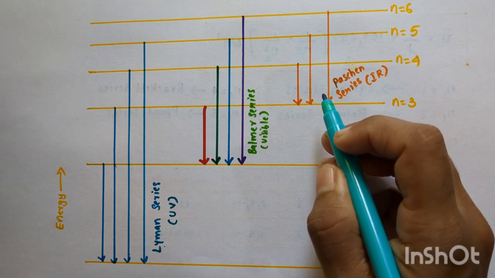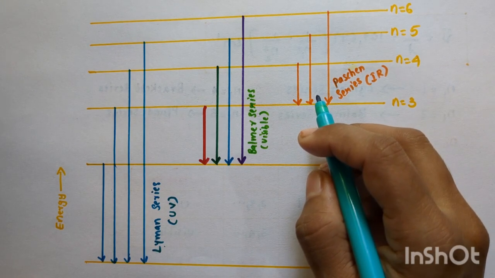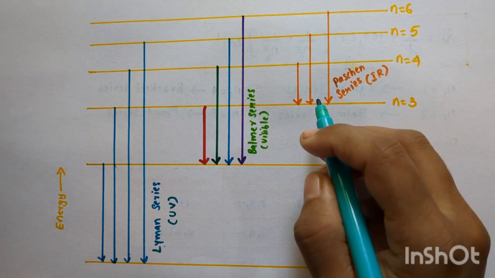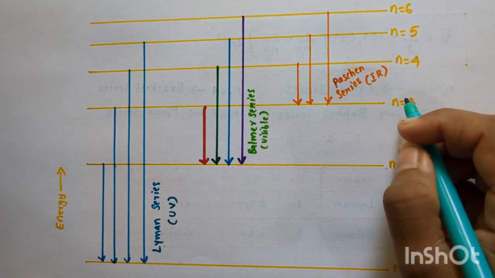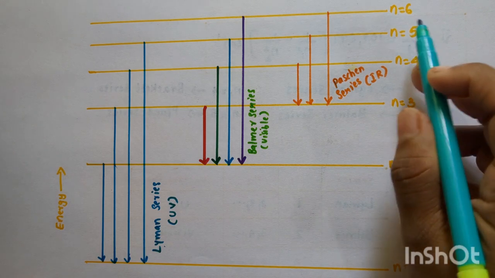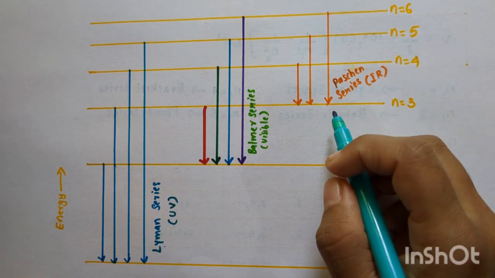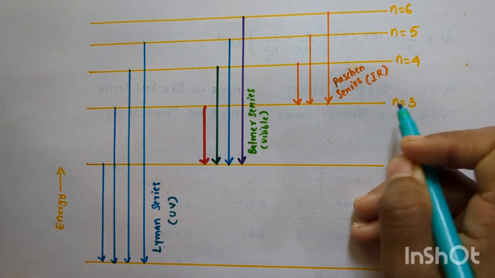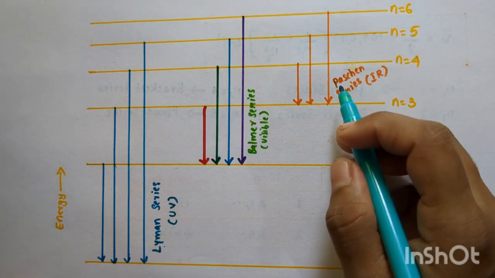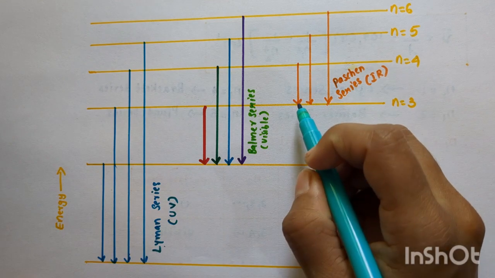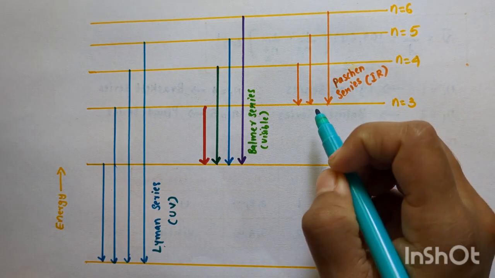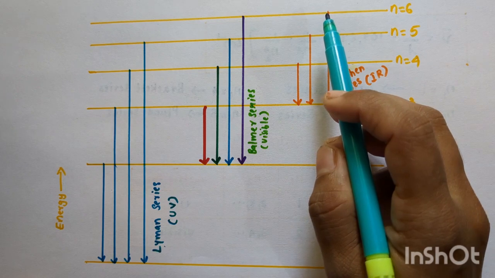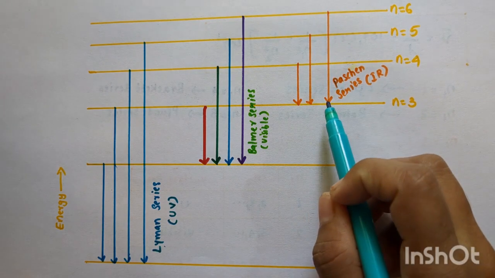If you consider the Paschen series, it gives a spectral region which is the infrared region. We will be getting infrared radiations during these transitions. For the Paschen series, we know that n1 is 3, and n2 can have values 4, 5, 6, etc. So the transitions of the electrons take place to the n equal to 3 level from 4, 5, 6, etc. So n equals 4 to n equals 3, n equals 5 to n equals 3, and n equals 6 to n equals 3.